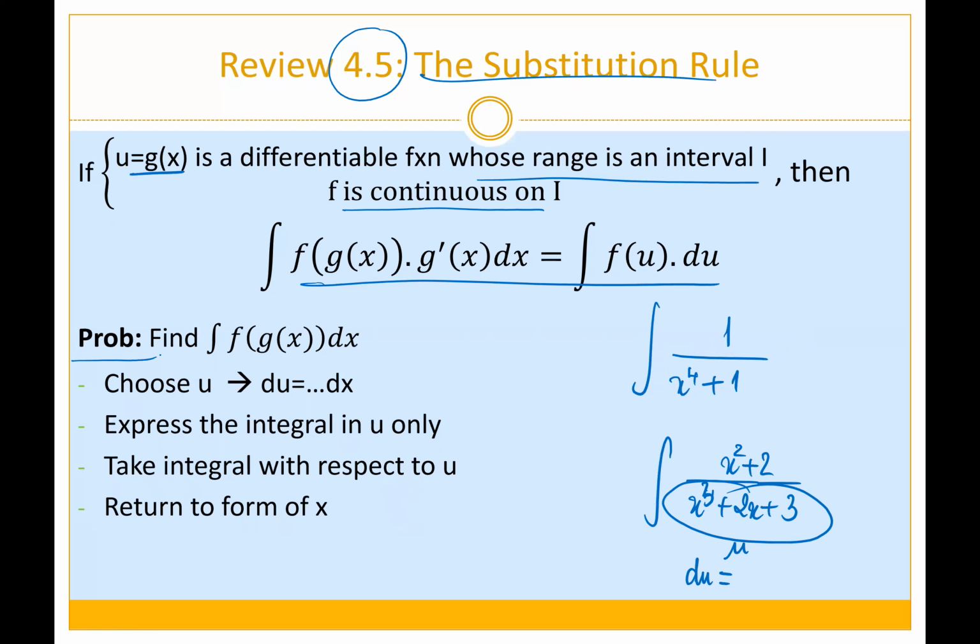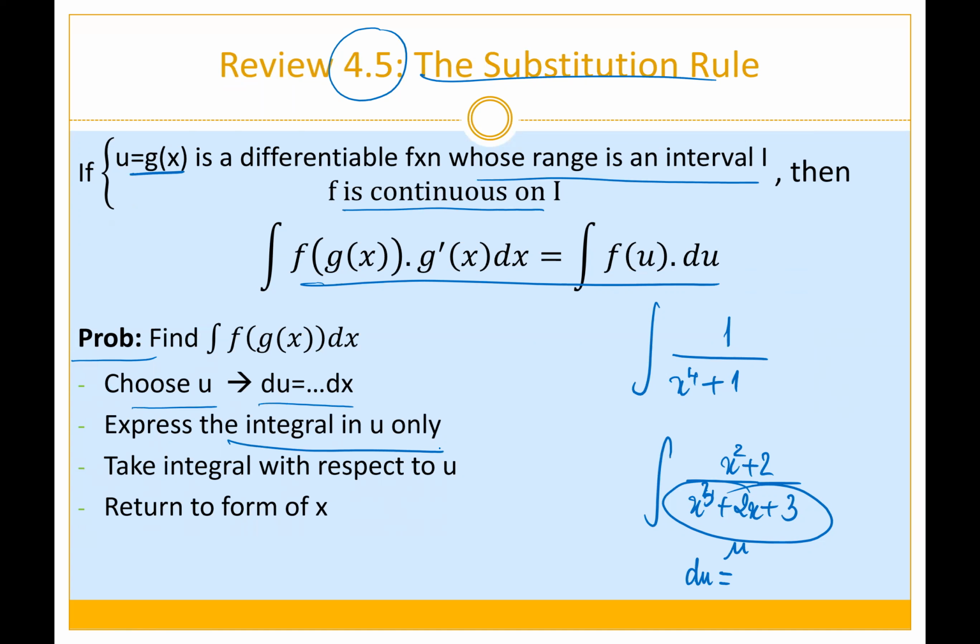So some of the problems are about applying this u substitution to finding integrals of complex functions. First of all, you need to know how to choose u and take the derivative of that, du, which is something of g'(x), and express the integral in u only. You cannot take integrals when your integral has two variables, x and u, at the same time.